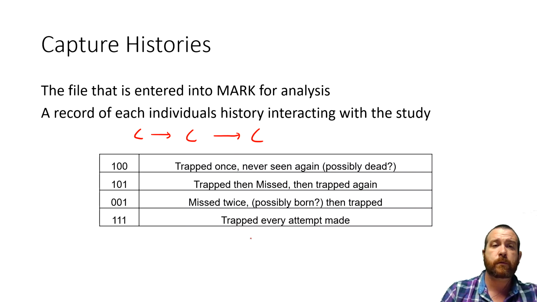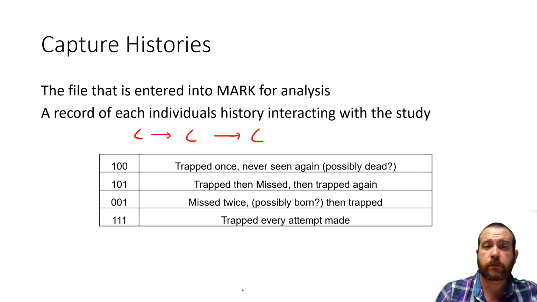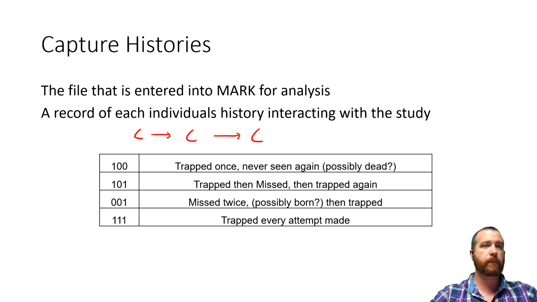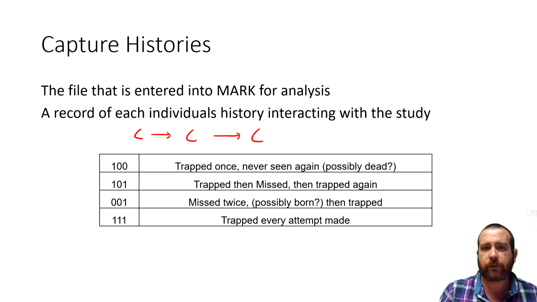If an animal was seen in the first one, and then we never see it again, it would have a 1, 0, 0, right? Maybe we trapped it that first time, we let it go, and then it immediately ran out and got hit by a car. There's no possibility that we would have ever seen that animal again, right?